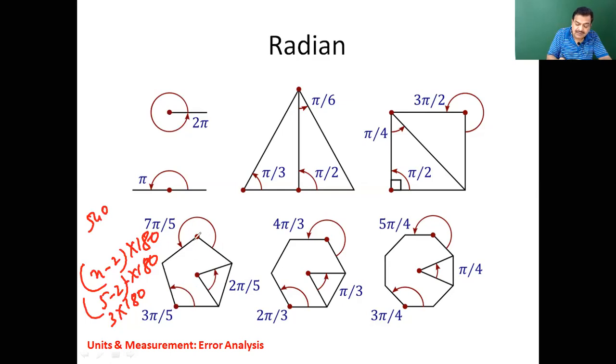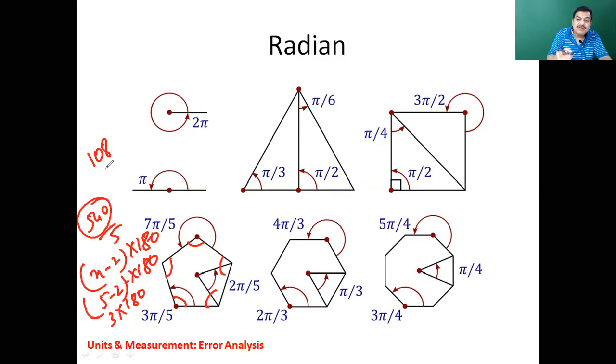So the total angle of this pentagon, if you add all these angles, is equal to 540 degrees. Now divide by 5 because they all are equal. So how much does it come to? 108 degrees.